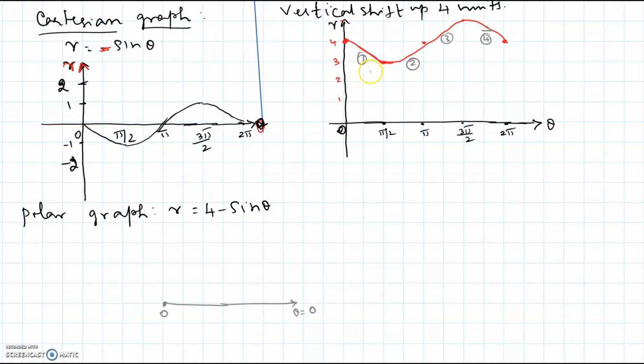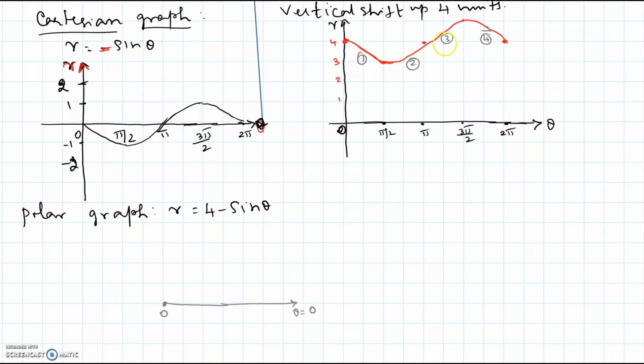When you take a look at the Cartesian graph of 4 minus sine theta, the graph starts off at 4 and then decreases to 3 at pi by 2, then at pi it increases to 4, and at 3 pi by 2 it increases to 5, and then it decreases to 4 at 2 pi.